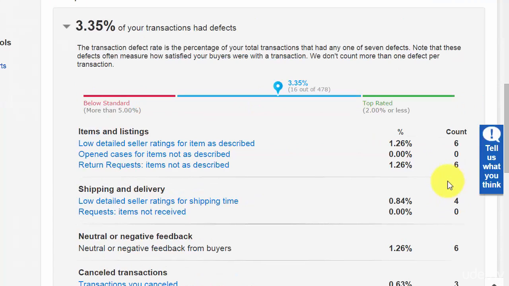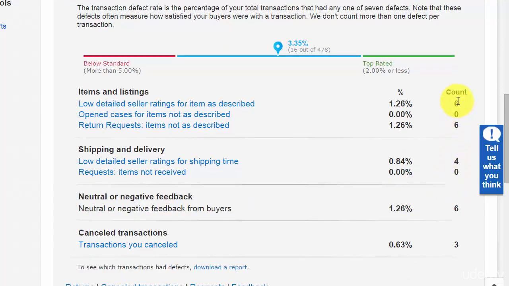As you see here in my account, I had 6 counts of a low detailed seller rating for item as described, so someone wasn't happy with the product, or they felt the product wasn't exactly what they expected it to be. When they rate 1, 2, or 3 stars, I get a count against me. So 1.26% of my total transactions had that as a defect. Then there are return requests, and low detailed seller ratings for shipping time, where they're not happy with how fast they received the product.